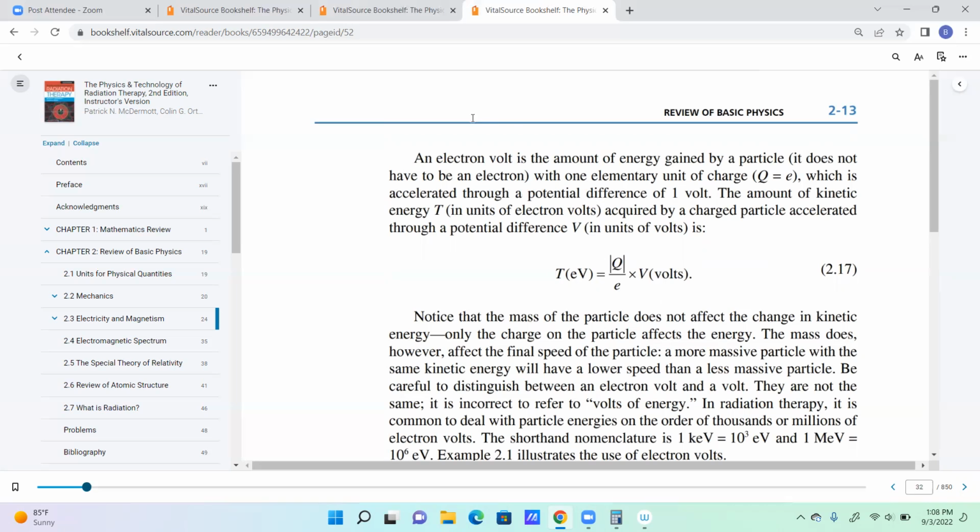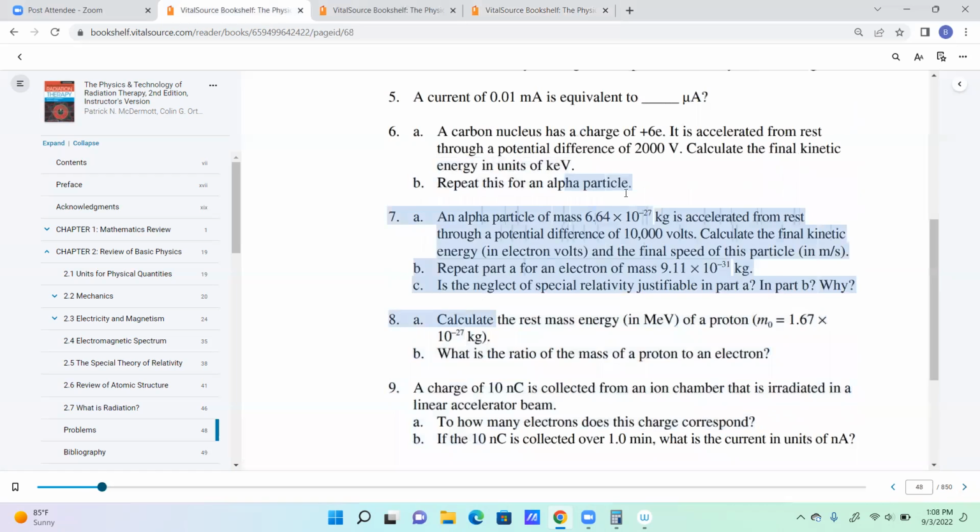So let's go back to the problem at hand. We have a carbon nucleus with a charge of 6e, and a potential difference of 2,000 volts.